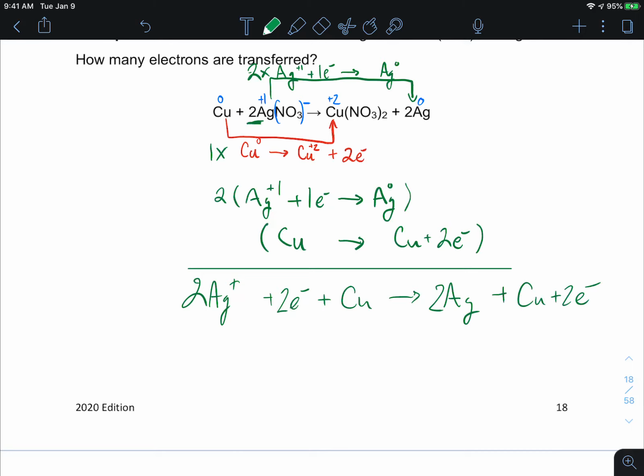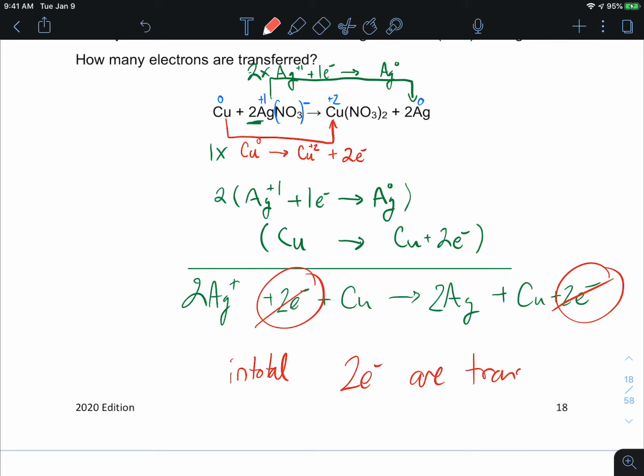Just like in reaction mechanisms, anything that's on the left and the right gets canceled out. These tell you how many electrons were transferred. So in total, 2 electrons are transferred in the balanced reaction.